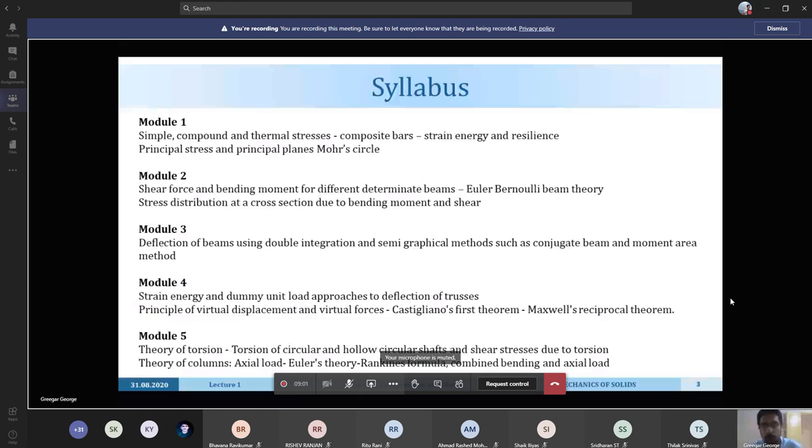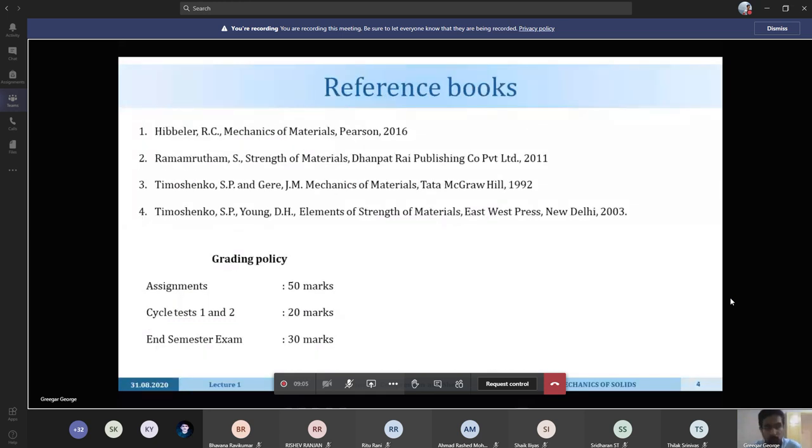That's what I'm planning to do today and in the next class also. These are some of the reference books. If you search for mechanics of materials, you can find plenty of books online. You can refer to any of them; this is a foundation stone for many areas.